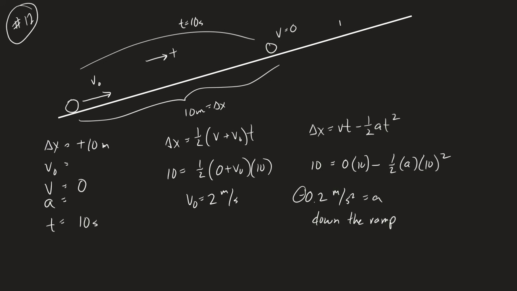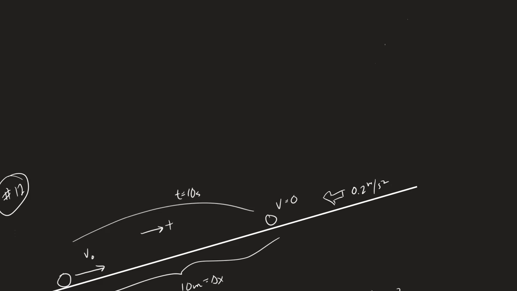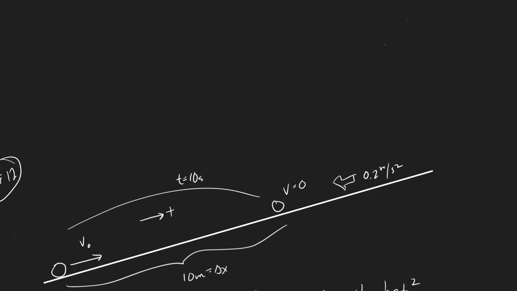So now I know that down the ramp, 0.2 meters per second squared is the acceleration of the ramp. Any questions about what I've done here? All right. I don't need that information anymore to do the next part of the problem. So this can all go away. And let's consider our new problem.